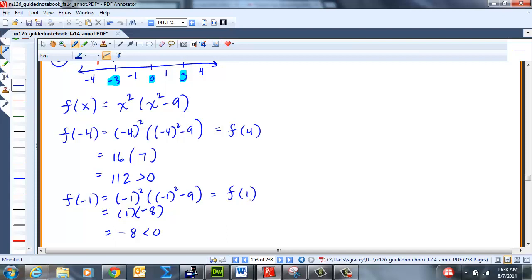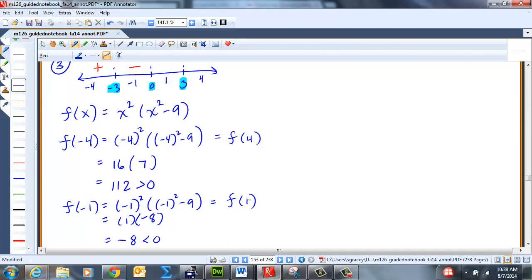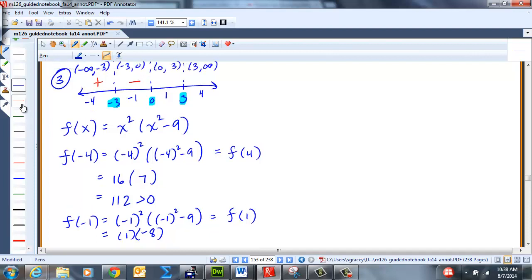Now, if you didn't see that, that's okay. You would go through and evaluate f at 4 and f at 1, and you would get the same results. Okay? So I'm going to take the shortcut route for me. And so this was step 4, by the way.